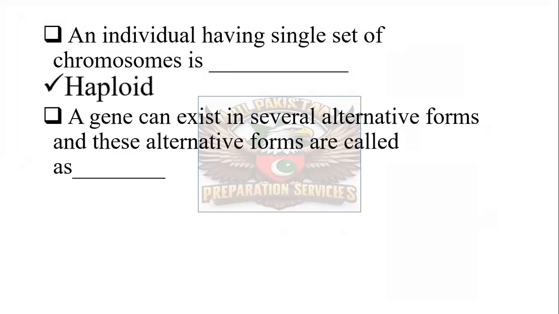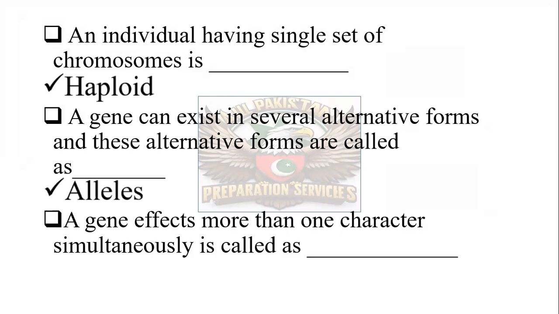And the next, a gene can exist in several alternative forms, and these alternative forms of genes are called alleles. Next question, when a gene affects more than one character simultaneously, this condition is called pleiotropy.